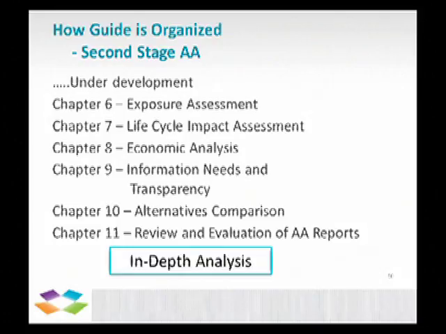We will not talk about these second stage chapters, but we will focus on the draft AA guide, which covers the first stage process only, the recently released draft guide. The second stage involves a more in-depth analysis, and this is where the selection of a safer alternative is being done.